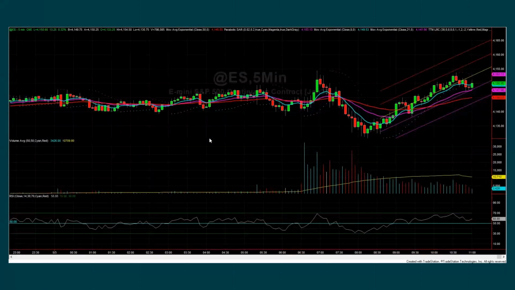The other way you could do it, and this is again the 5-minute chart, is to use the linear regression channel. You can see the trend is up, but we are not in extremes.